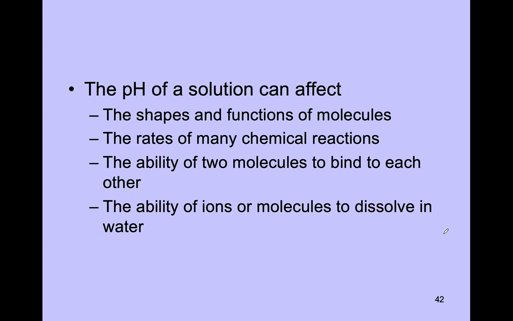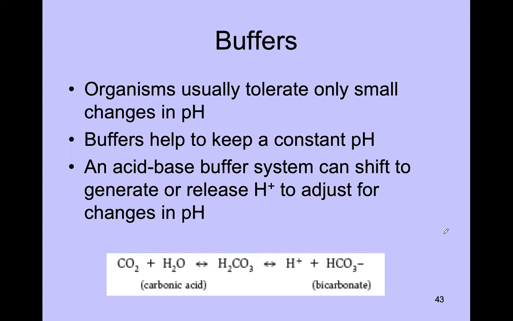Buffers are oftentimes used to maintain a consistent pH so that we can make sure that a solution is stable in order for reactions to occur. And sometimes the pH can actually affect the ability of things to dissolve in different solvents.